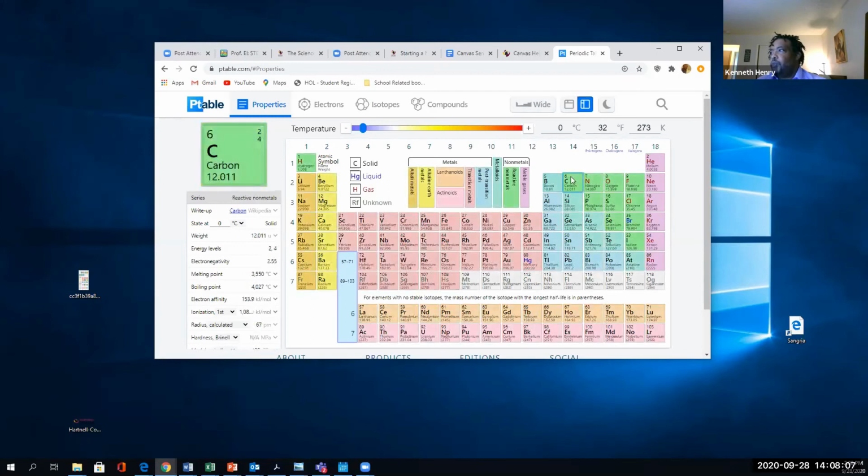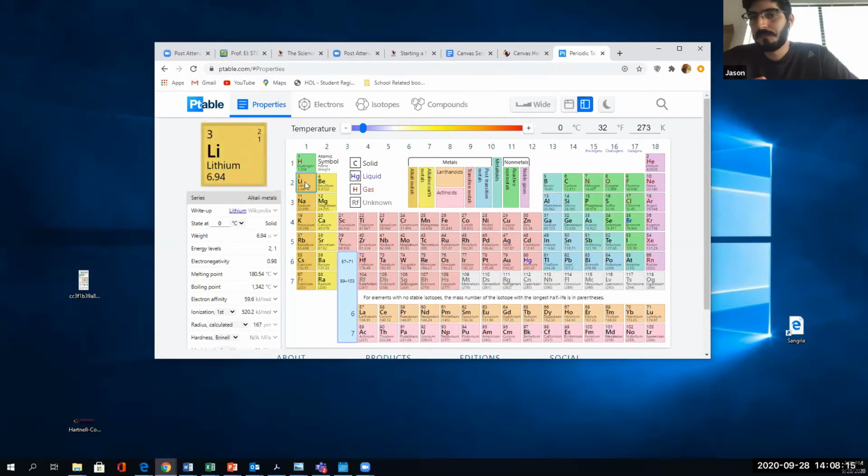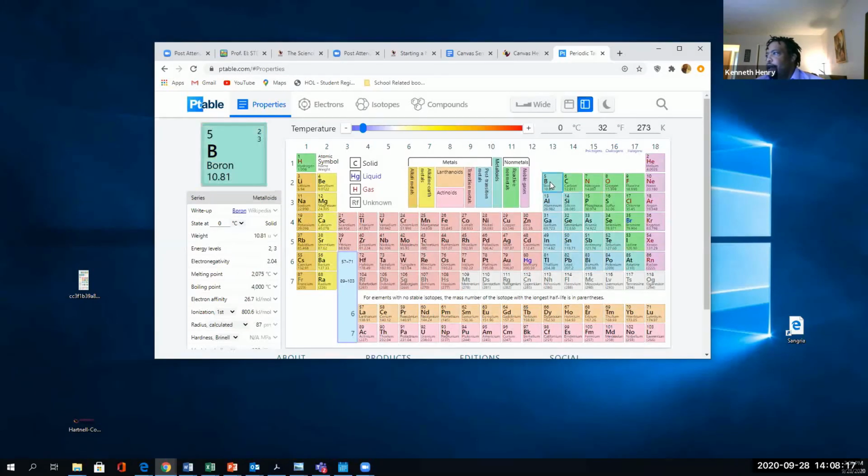So oxygen is at what period? The second period. So then just count 1, 2, 3, 4, 5, 6 until you get to that element. So it has how many valence electrons? 6.